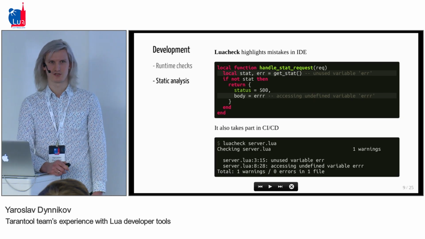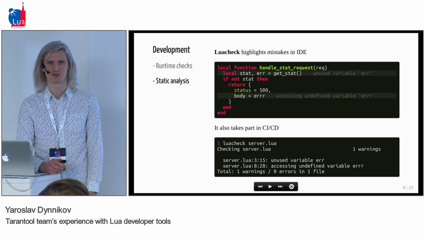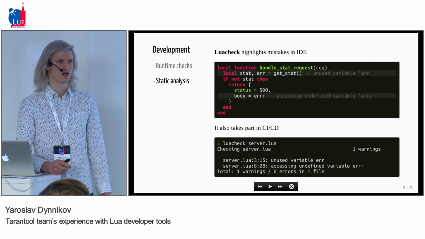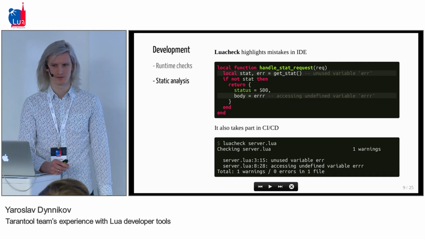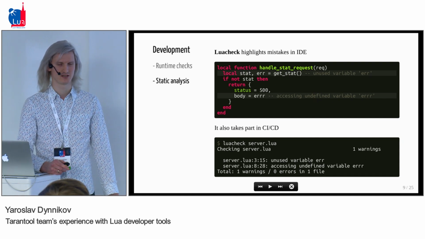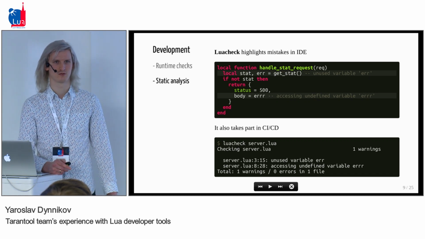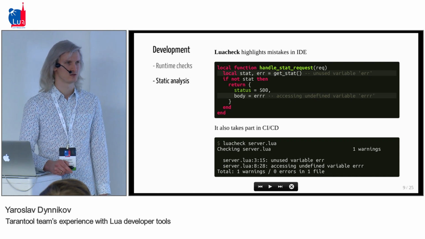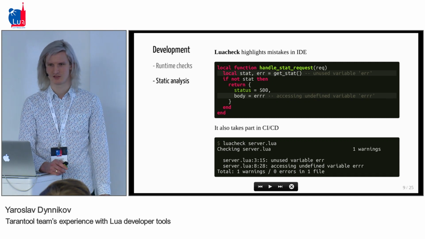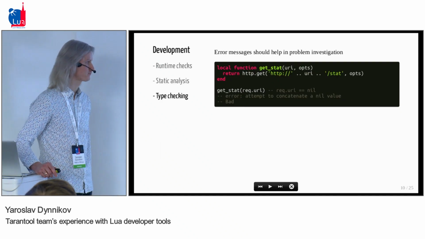It's also a good practice to make it a part of continuous integration and continuous development, because other developers can see if you missed something that was highlighted in your IDE. LuaCheck is easily integrated into every popular code editor like Sublime, VS Code, Emacs, Vim, so just use it, it's very helpful.